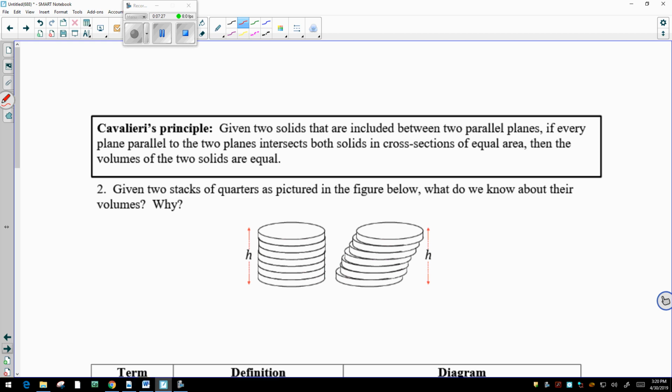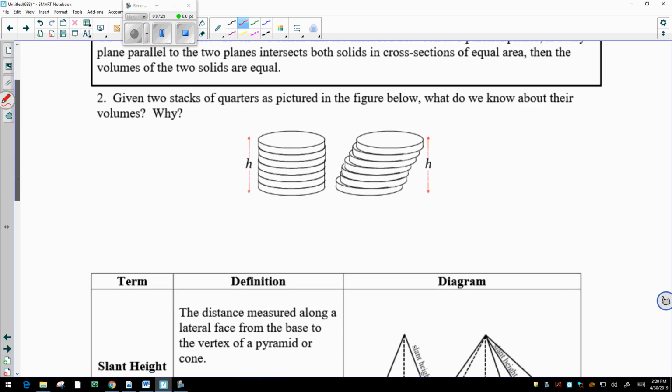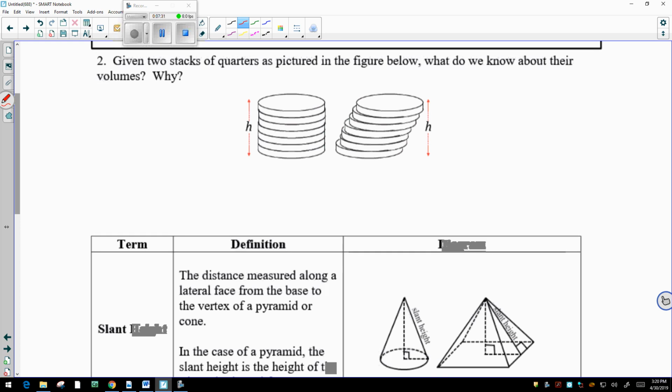So looking at that, connecting it to this, it says given two stacks of quarters, as pictured, what do we know about their volumes? Well, we can see that they have equal heights. So that's telling you the parallel planes, right?